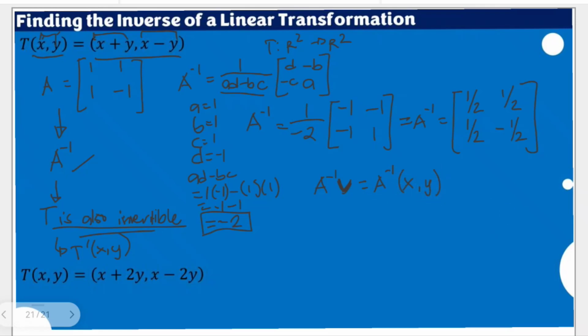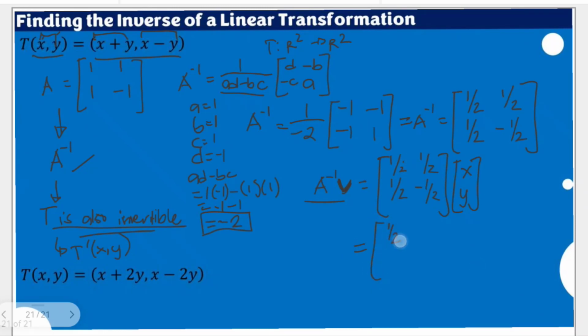Let's write the inverse here: 1/2, 1/2, 1/2, negative 1/2 times x, y. This is equal to something, that's now the result for this form. So we have here 1/2 times x.